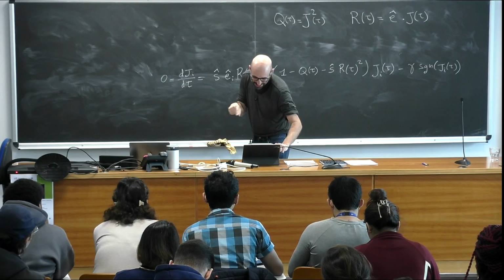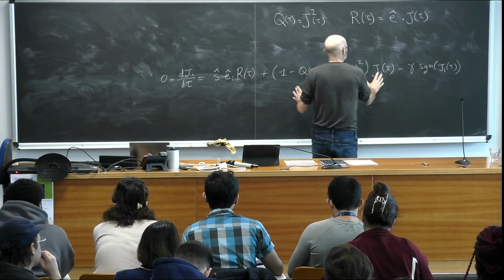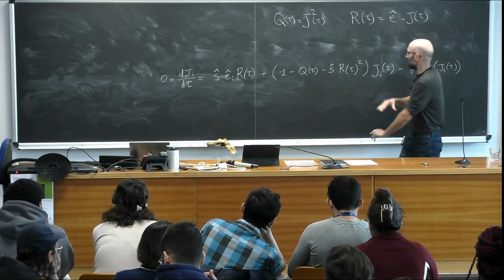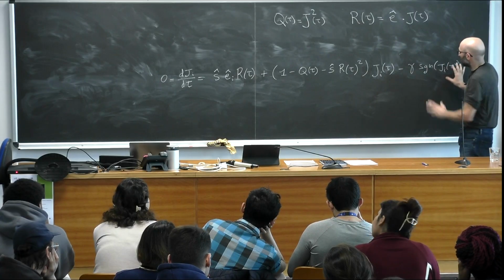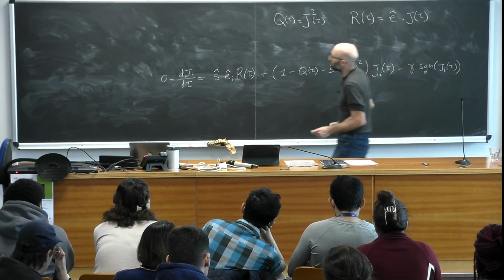If j is close to 0, this is small, and if this is smaller in absolute value than gamma, this term is still bringing you back to 0, and so the only solution is j equal to 0.